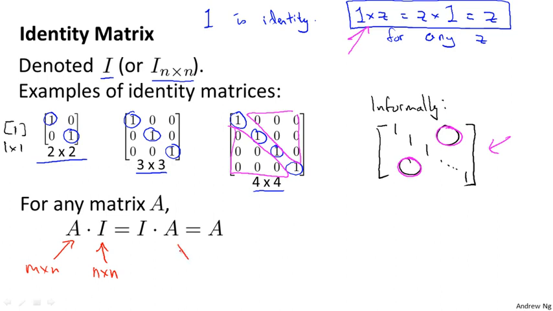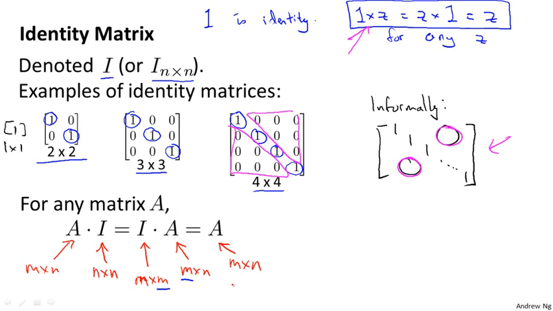And on the other side, for matrix multiplication to make sense, the identity matrix has to be an m by m matrix, because this m has to match up with that m. In either case, the outcome of this process is you get back the matrix A, which is m by n.